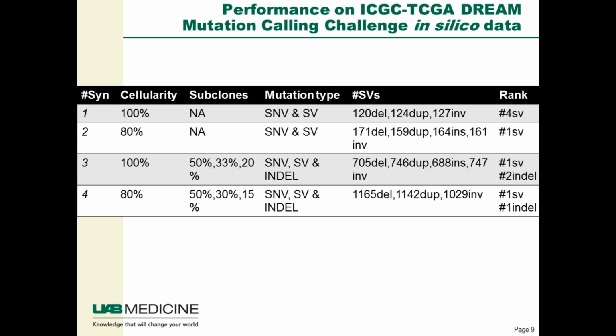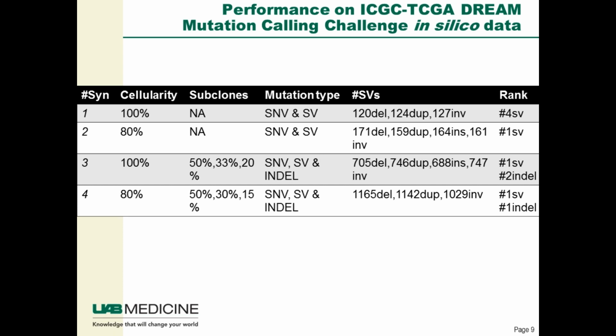We demonstrated the performance of NovelBreak by participating in the ICGC-TCGA DREAM Challenge in silico data. The DREAM Challenge is a worldwide competition. The purpose of the challenge is to identify the most accurate algorithm for mutation calling. Officially there are 4 sub-challenges.